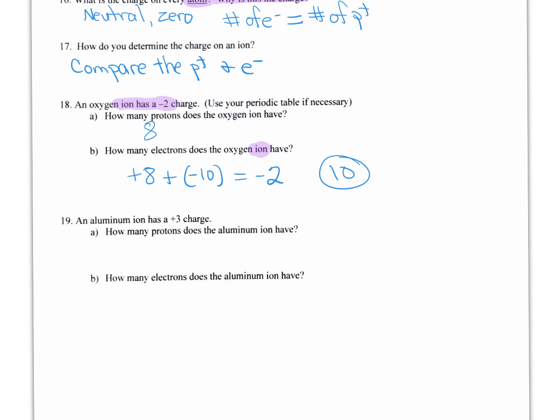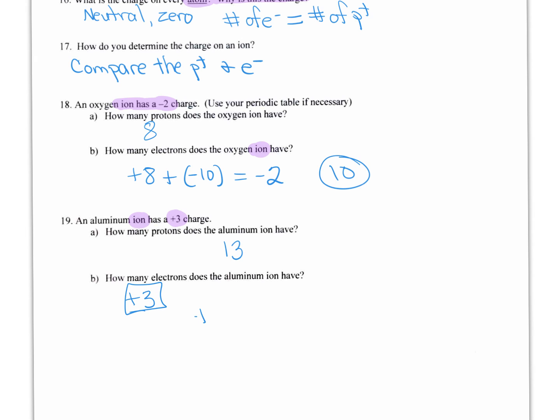All right, let's do another one. An aluminum ion, so there's that word again, has a +3. How many protons does aluminum have? Well, you look on the periodic table, aluminum has 13 protons. So how many electrons does aluminum have? Now notice that aluminum is positive. It has a +3. So you could reason it out, or we do exactly what we did in number 18.